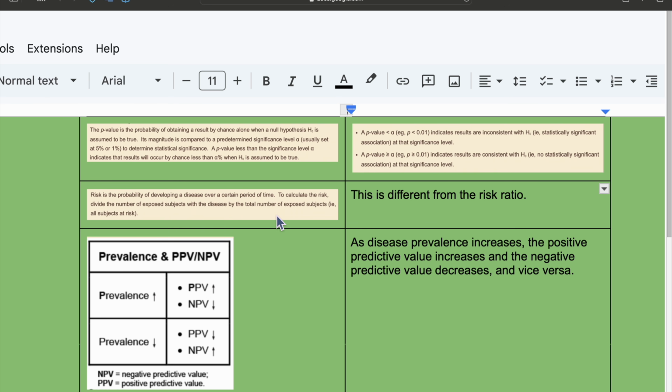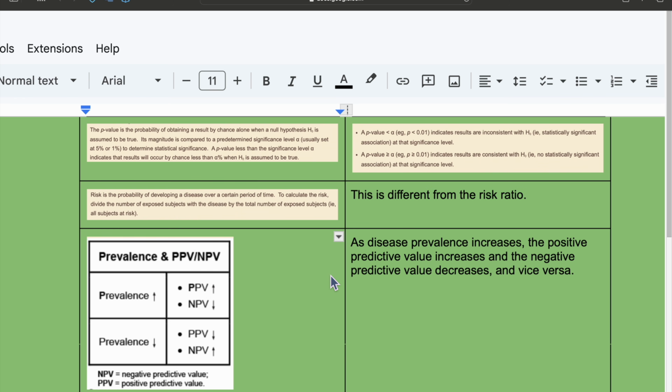Okay, so people who haven't had it. It still sounds like risk ratio to me, but I wrote that it's different from that, so it probably didn't work out that way for me during the questions.